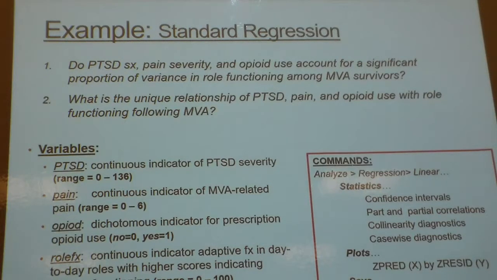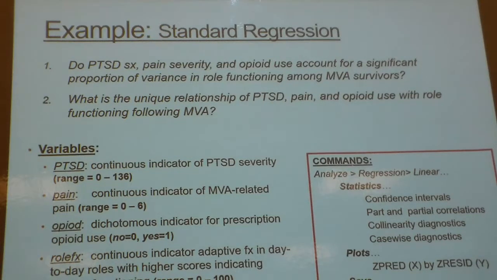All right, so our standard regression model, this is what we went through. The question being, do PTSD symptoms, pain severity, and opiate use account for a significant portion of variance in role functioning among accident survivors? What was the answer to that question? Yep, right, it does.